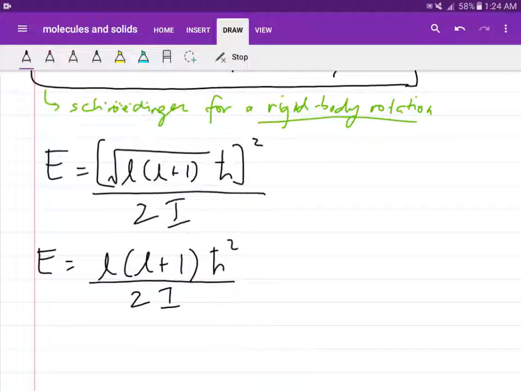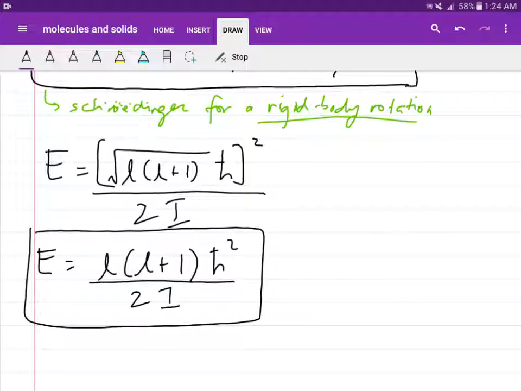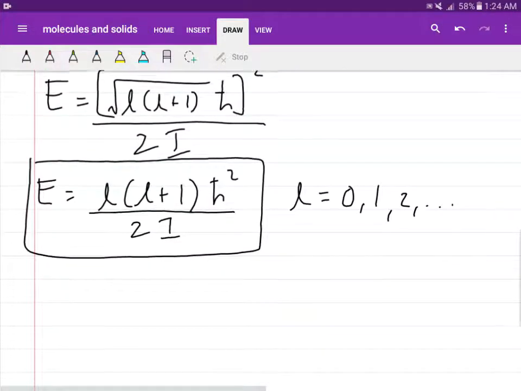If you look at this formula, you will see that the rotational energy associated with our system is quantized by L equals 0, 1, 2, and so on. These are the rotational energy levels corresponding to the angular momentum quantum numbers.